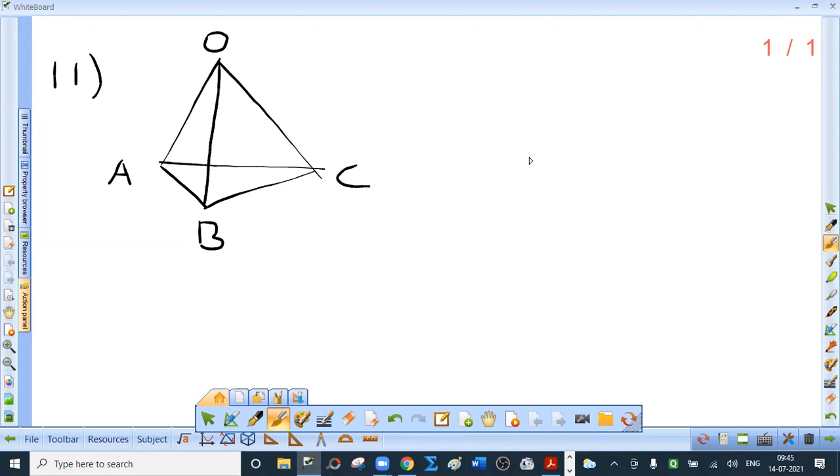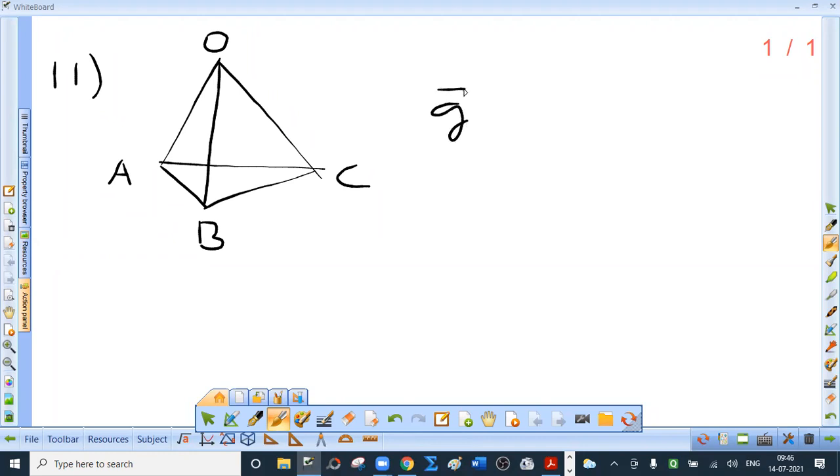Now we will write solution in short. I hope you have drawn the diagram. By formula of centroid of a tetrahedron, I am writing it directly.